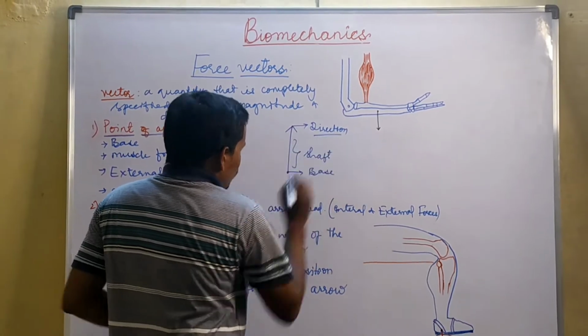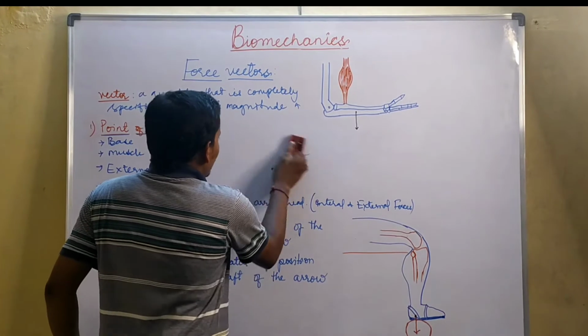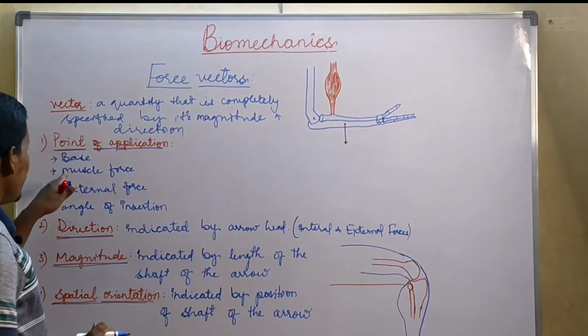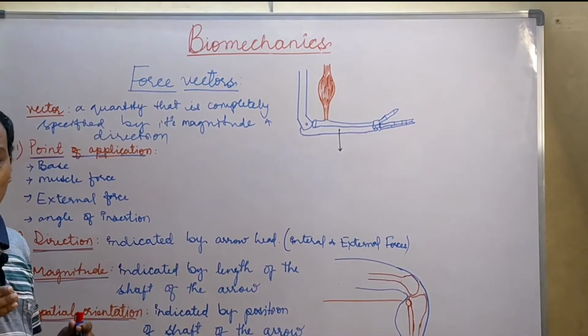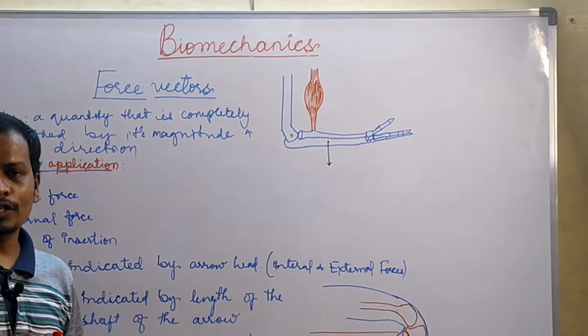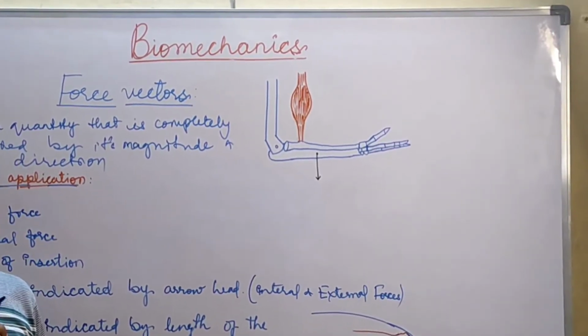These are the three important factors with regard to the point of application. Now the base of a muscle force, or the point of application of a muscle force, is where the muscle inserts into the bone.